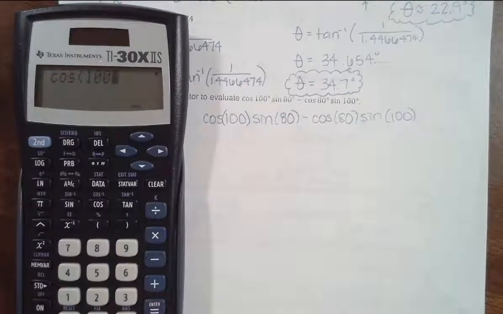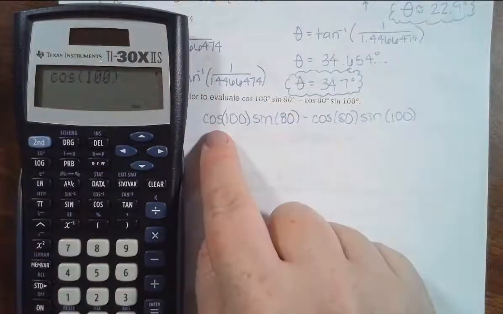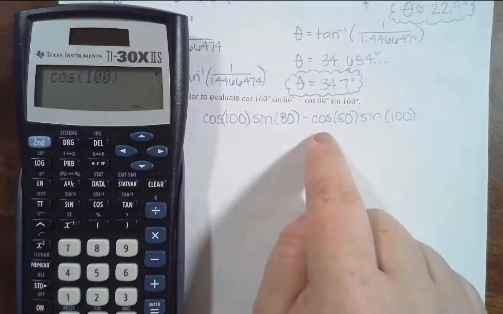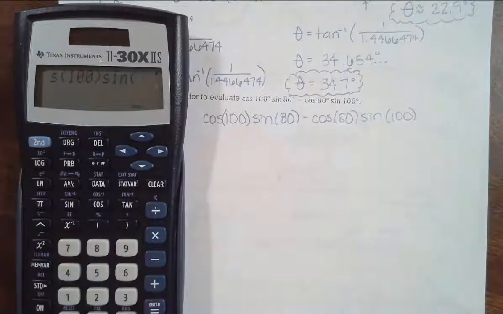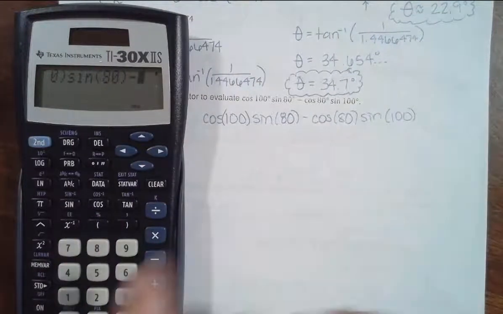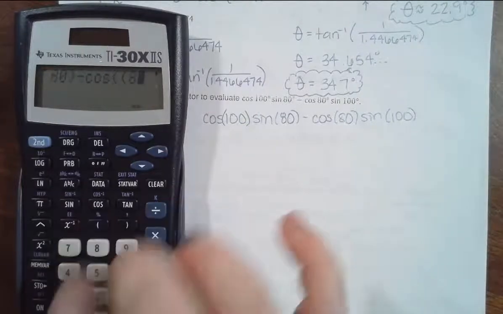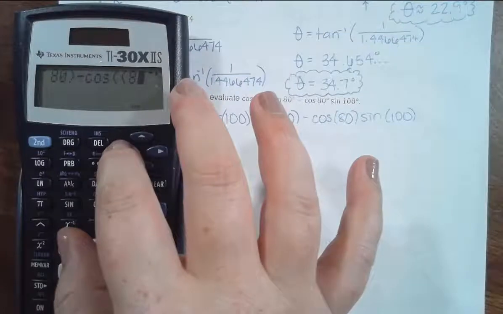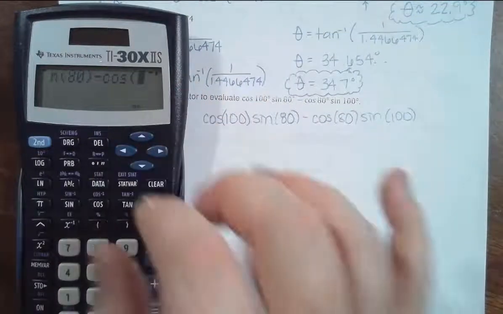Otherwise, it's going to think you're doing cosine of this whole mess. So close the parentheses after each one. And then sine of 80, close the parentheses, minus cosine 80, cosine 80, sine 100.